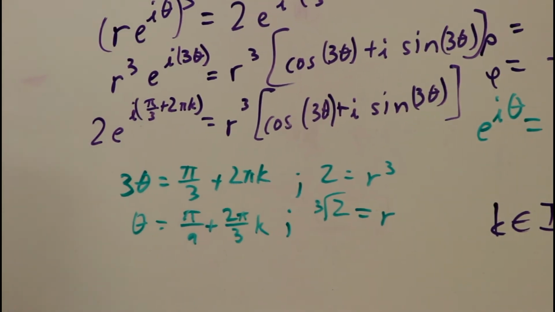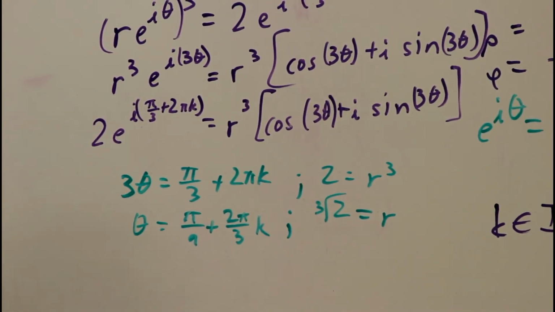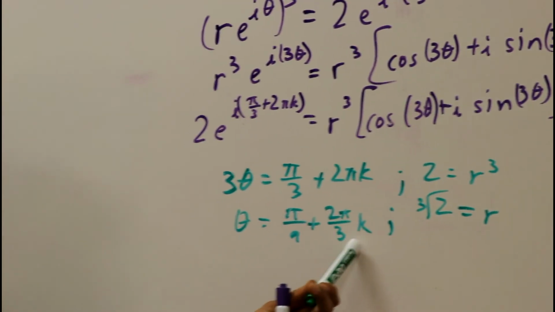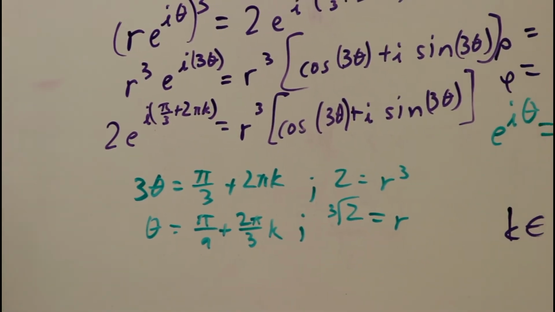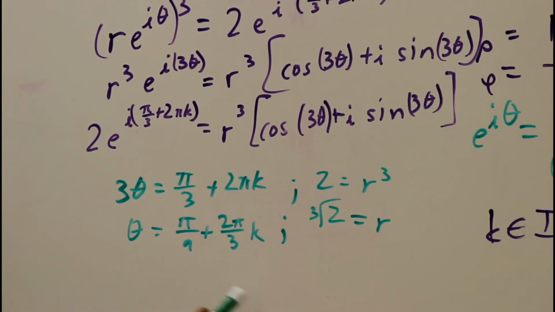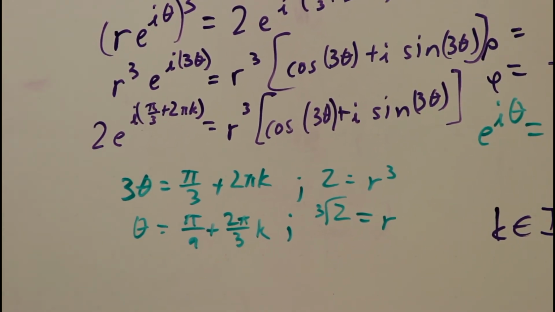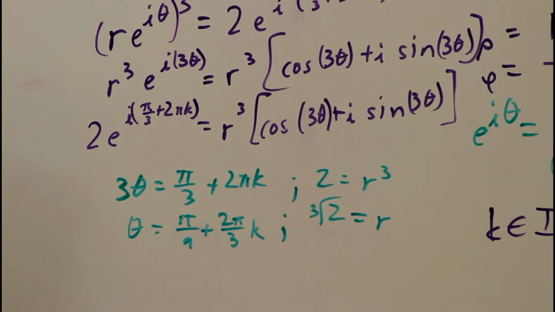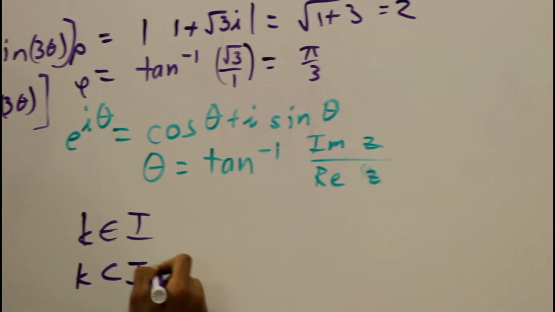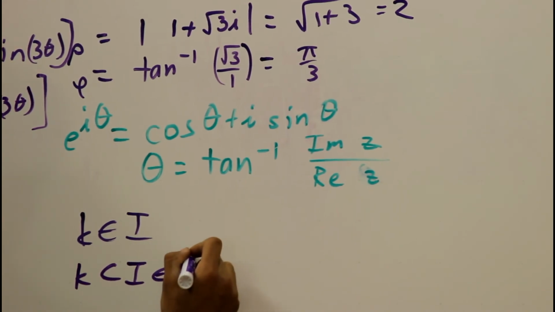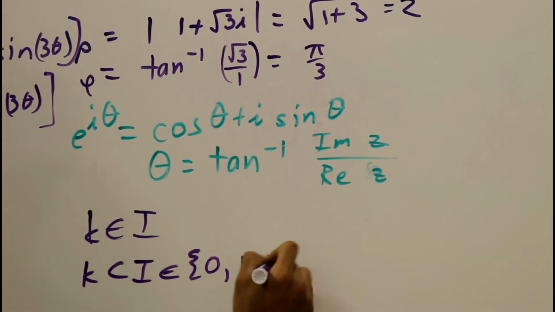k being an integer. And of course, as you observe, if k is any bigger than 2, let's say if k is 3, you have the same roots over again, so there can only be 3 roots. So k must be an element of 0, 1, 2.